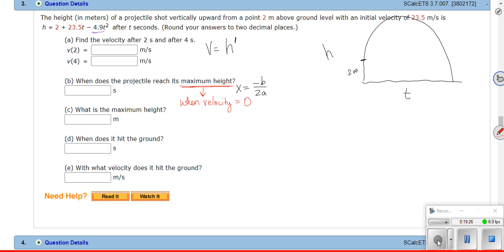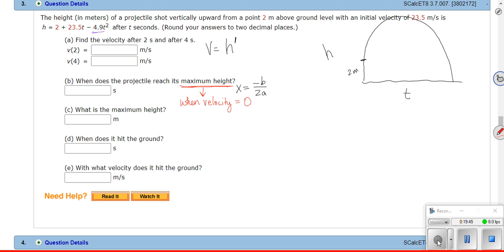If you solve this, once you find the velocity, you get down to a linear function, right? So you should only get one value for t. That's why there's just one box. So the velocity, when it equals 0, that's its maximum height.